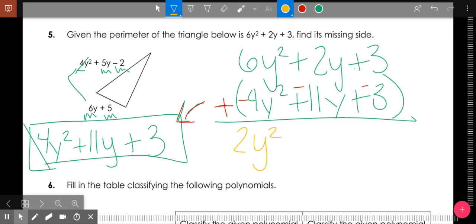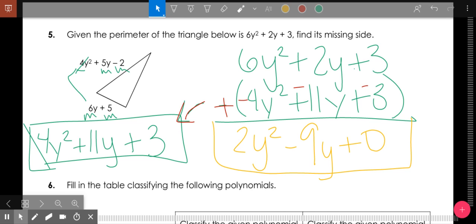Positive 2y and negative 11y, different signs, so I subtract. 11 minus 2 is 9, and I keep the sign on the bigger number, so it's going to be a negative 9y. Positive 3 and a negative 3 is 0. So my answer is 2y squared minus 9y. You can have the 0 or you don't have to put it. So remember on that one, you have to add your two sides of your triangle, and then you subtract the sum of those sides from your total perimeter.